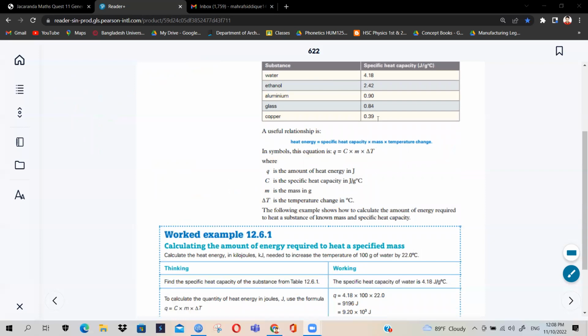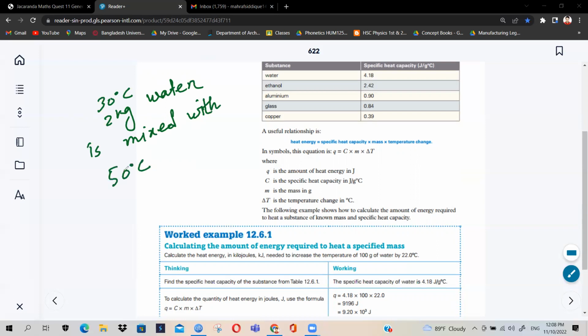So see, this is really easy. We used to get maths like, say for instance, 2 kg of water at 30 degrees centigrade is mixed with 1 kg of alcohol at 50 degrees centigrade, and you are asked to calculate the temperature of the mixture.